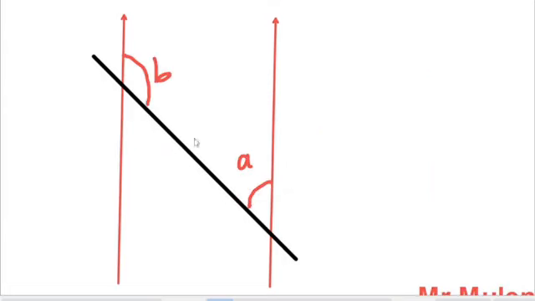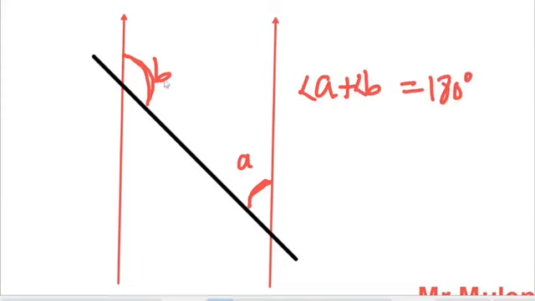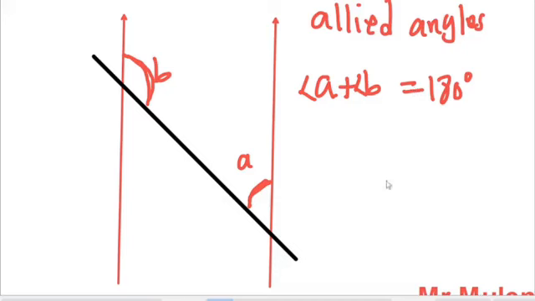Now this angle B and angle A are on the same side of the transversal, so A and B are going to add up to 180. If you add angle A plus angle B, this will give us 180 degrees. These angles are called allied angles. So allied angles are angles that add up to 180.